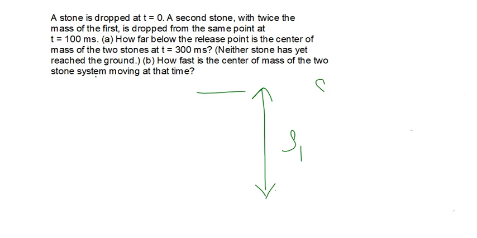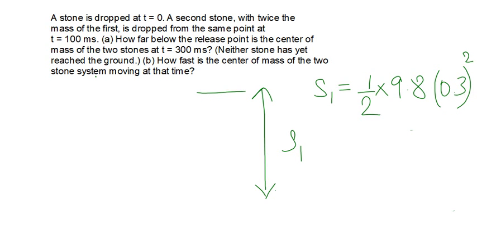So we can calculate S1 as half a t square because its initial velocity is 0. So half into 9.8 into 0.3 square, and this comes out to be 0.441 meters.